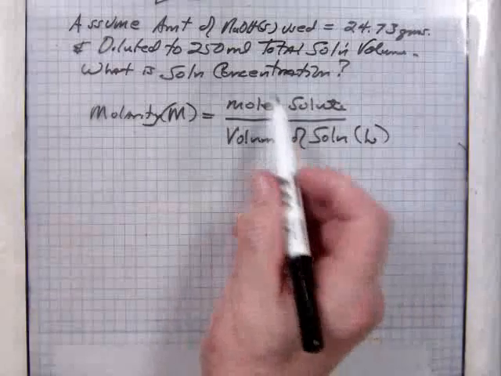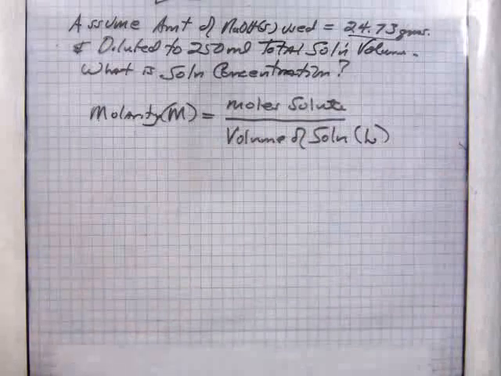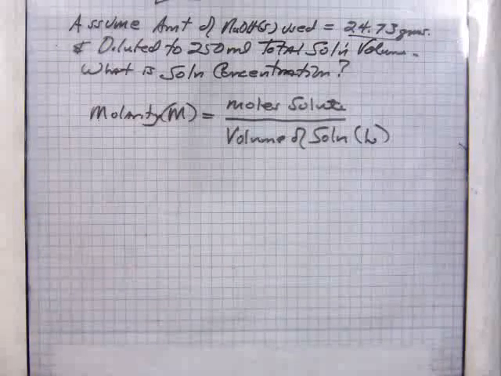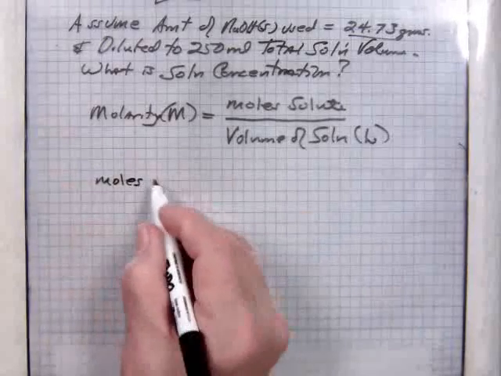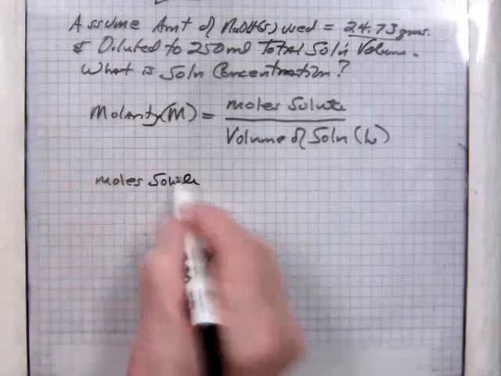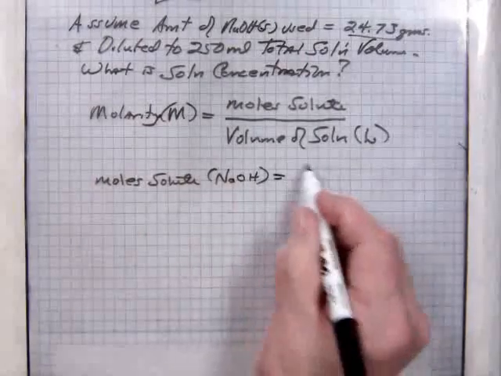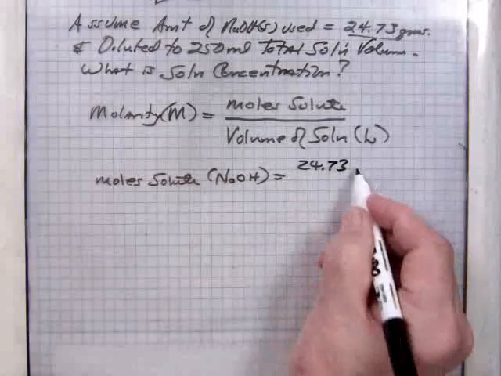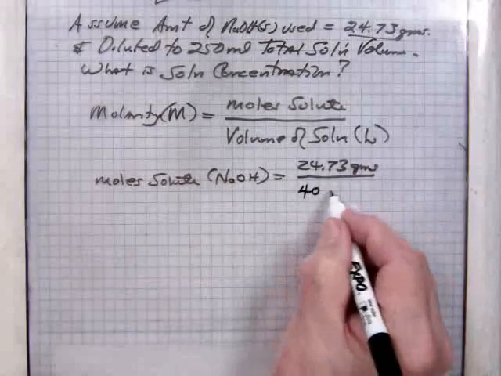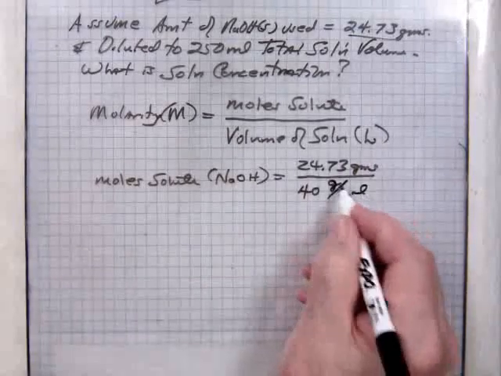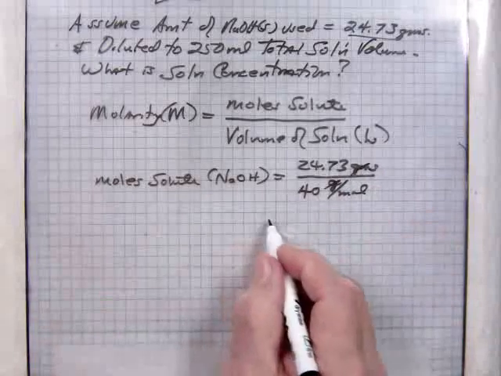So we have 24.73 grams, so we need to convert that to moles. How do you do that? Divide by formula weight. So moles of solute, which is our sodium hydroxide in this case, is 24.73 grams divided by 40 grams per mole. And so we see the grams will drop out.